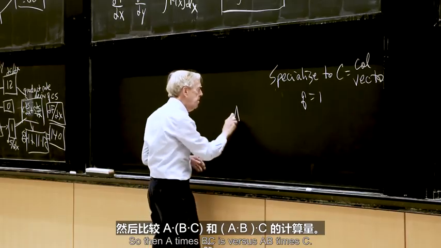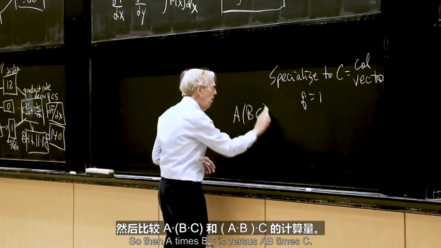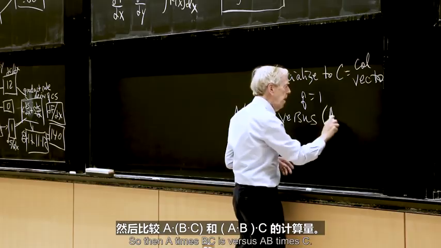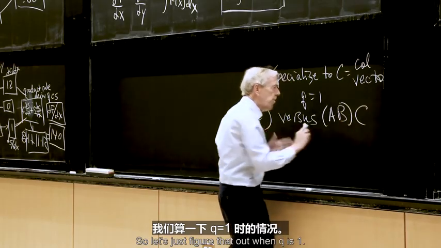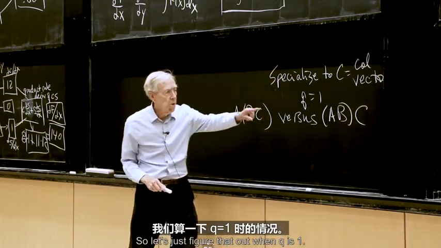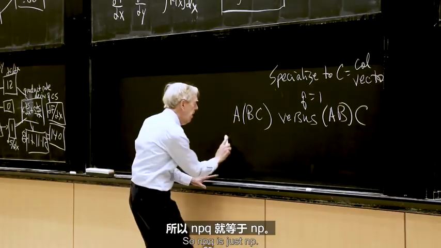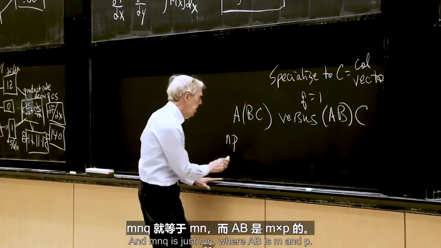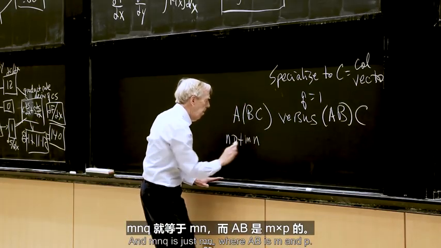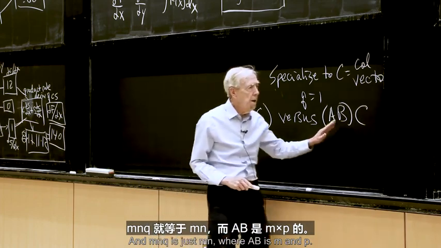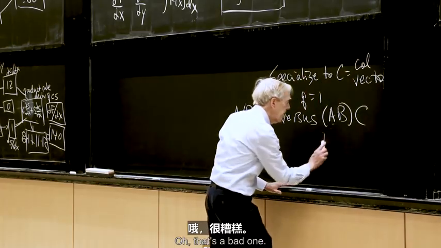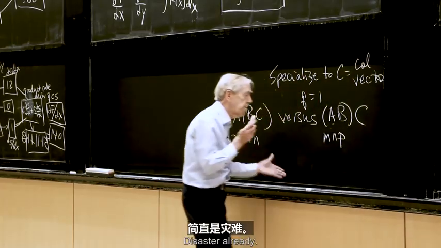So then A times BC versus AB times C. When Q is 1, NPQ is just NP, and MNQ is just MN, where AB is MNP. Oh, that's a bad one. Disaster already.